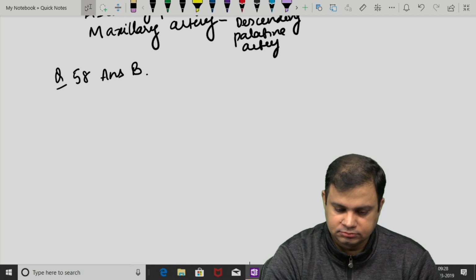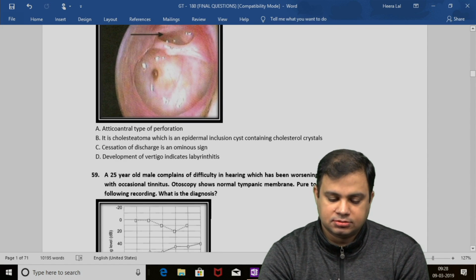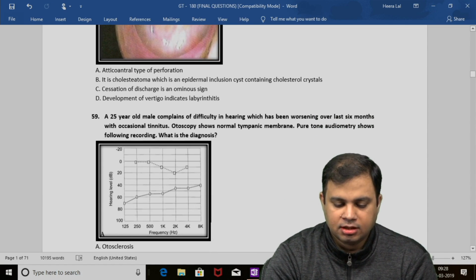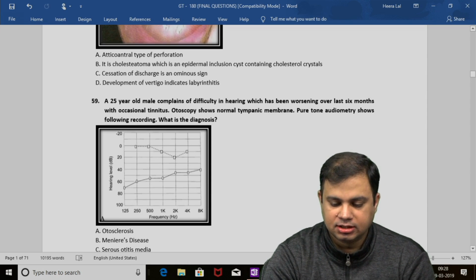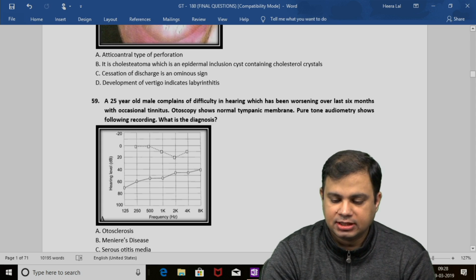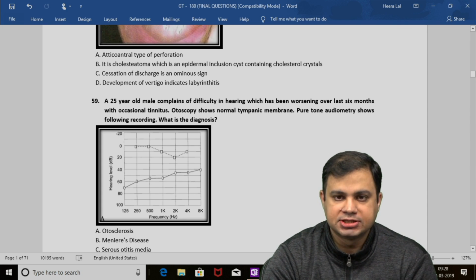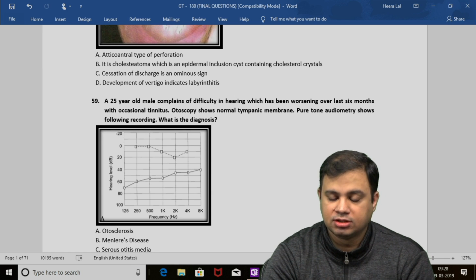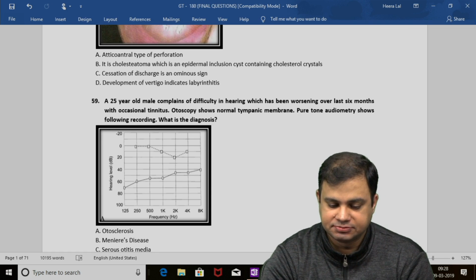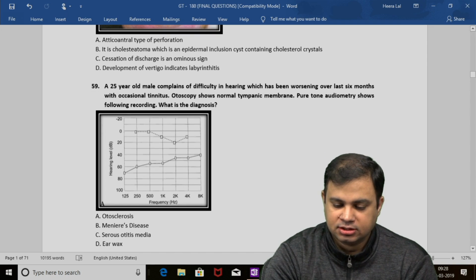Now coming to the next question, that is question number 59. A 25-year-old male complains of difficulty in hearing which has been worsening over the last 6 months with occasional tinnitus. So, here we are having a male who is having a gradual hearing loss over the period of 6 months with occasional tinnitus. Otoscopy shows normal TM.